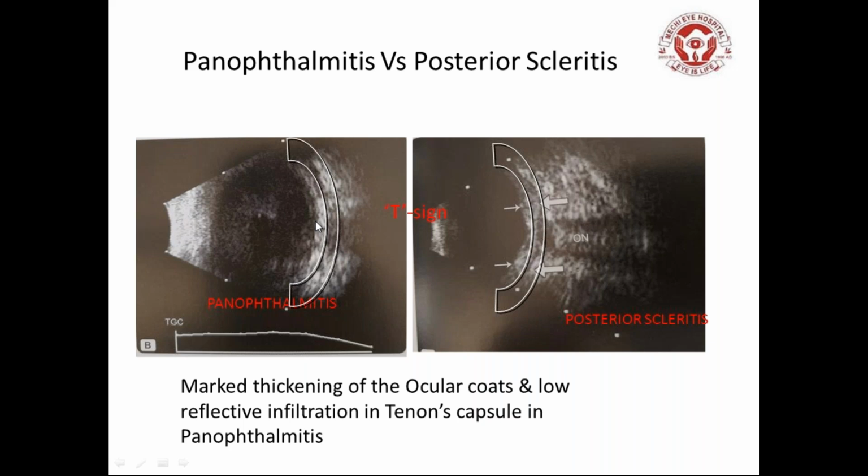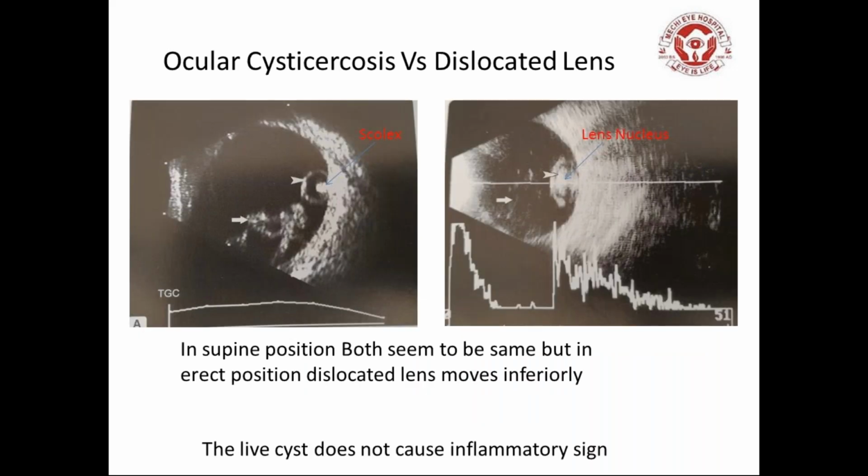By picture, both ocular cysticercosis and dislocated lens look the same. We can see there is a scolex with suckers, surrounded by a cyst. In the second case also, there is a high reflective echo which looks like a scolex. When we do the scan in supine position, both seem to be the same.